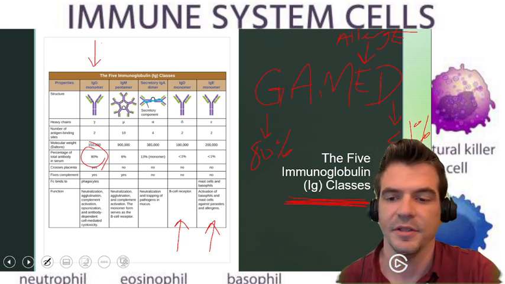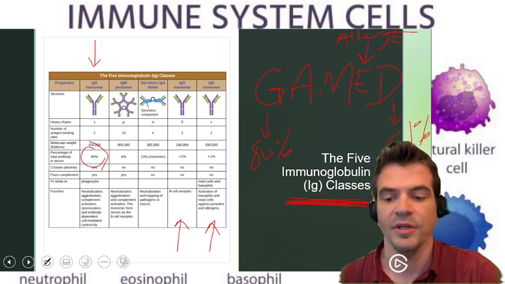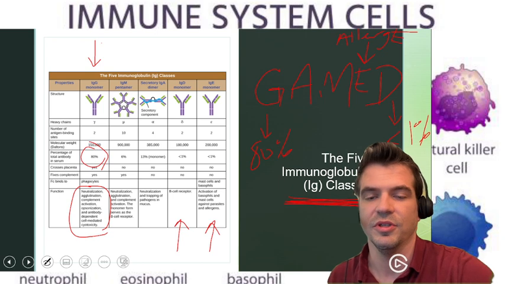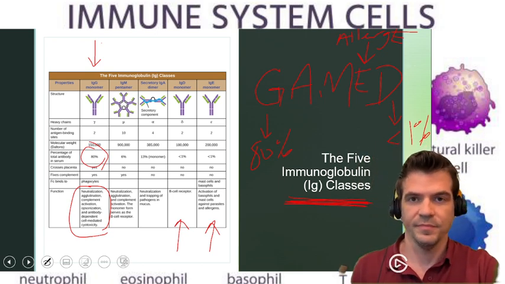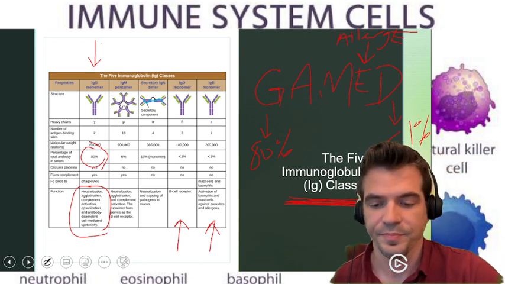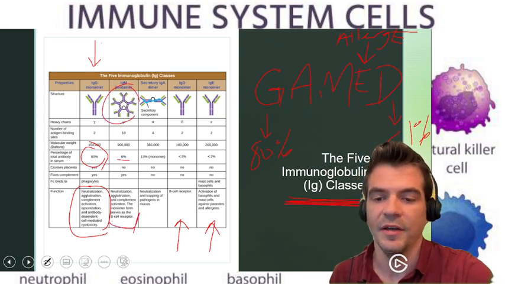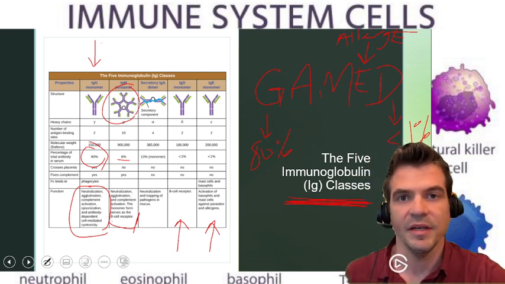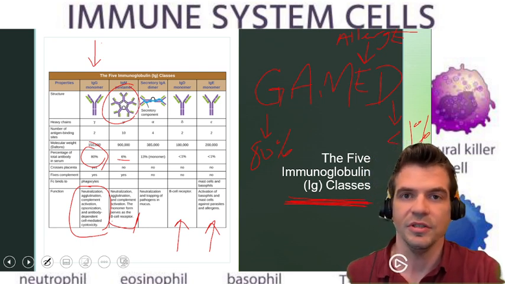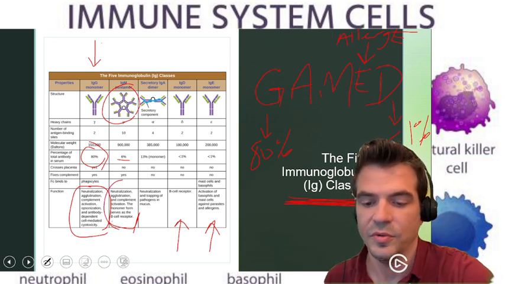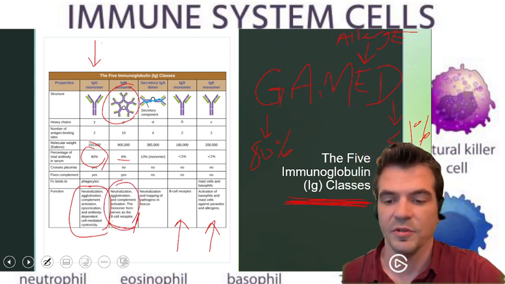There's a bunch of IgGs floating around, and that's because they can elicit all of these types of functions. So very important. The IgM, on the other hand, is not as abundant, but can bind to 5 different antigens at once. And they can also elicit a whole bunch of responses.